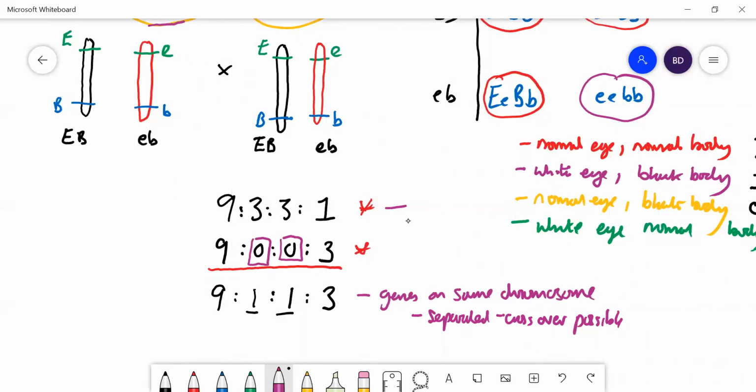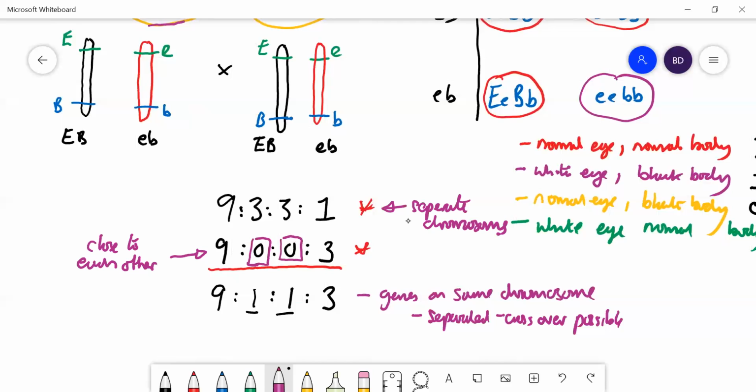With this one, if you get that, they must be on separate chromosomes. And if you get this extreme where you don't get any of those two, then you say that they're on the same chromosome, but they're extremely close to each other. The genes are very close to each other on the chromosome.